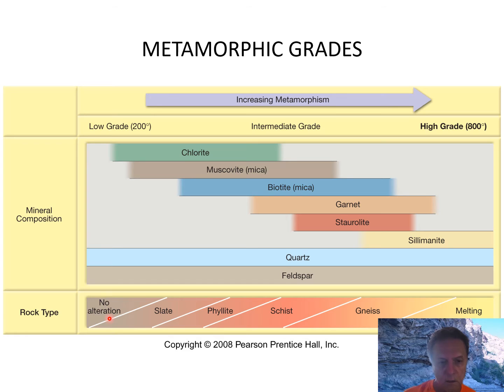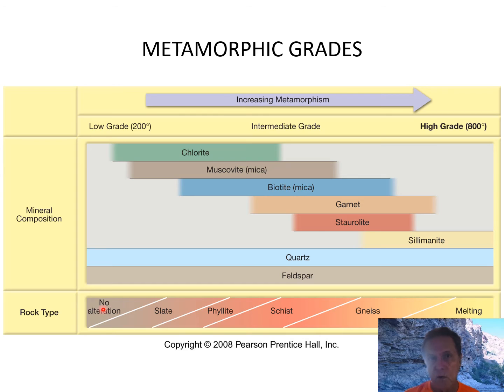Down here in this graphic, you see a bar which depicts the change of rock type through metamorphism. It doesn't say here, but let's say you start with a shale or a mudstone.